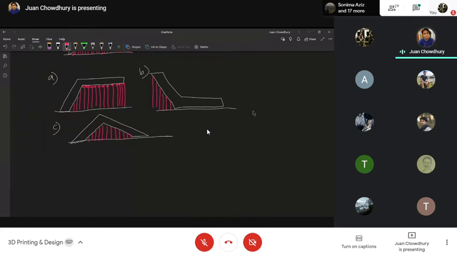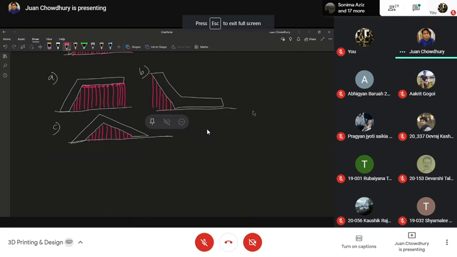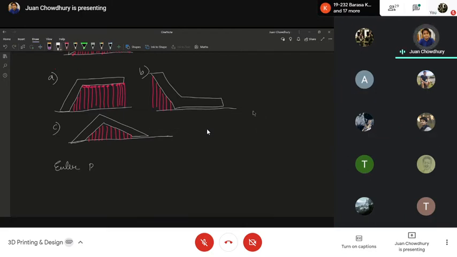Buckling is one thing that we avoid, so there is an Euler buckling area as well. Plus, we have to make sure there is no shearing effect.